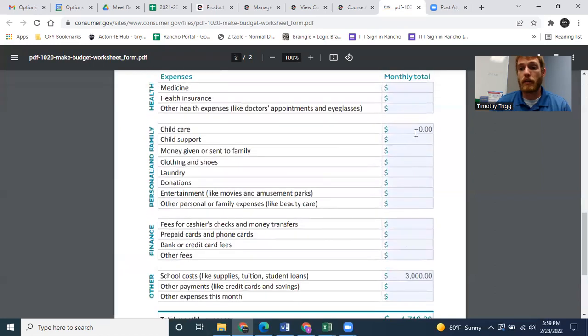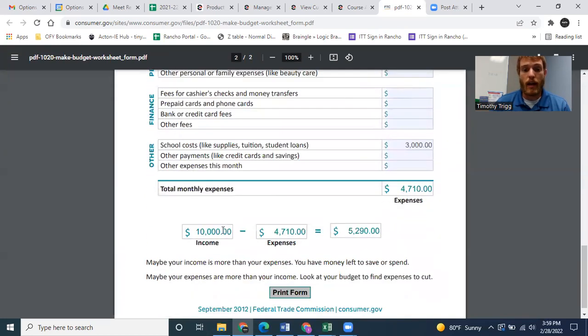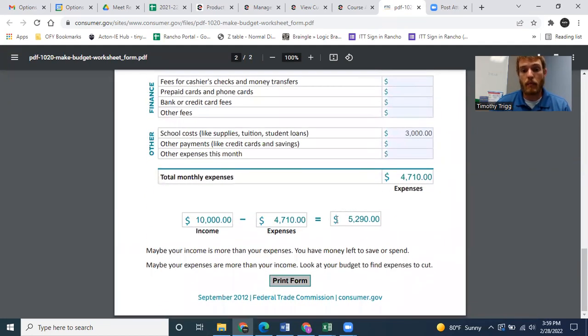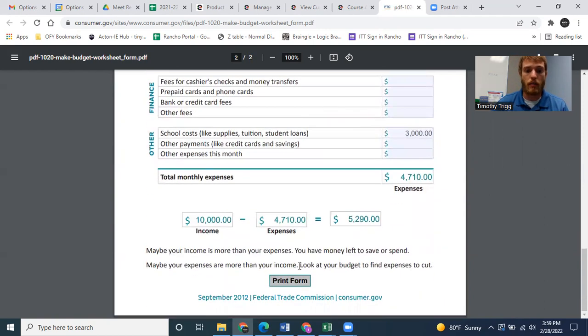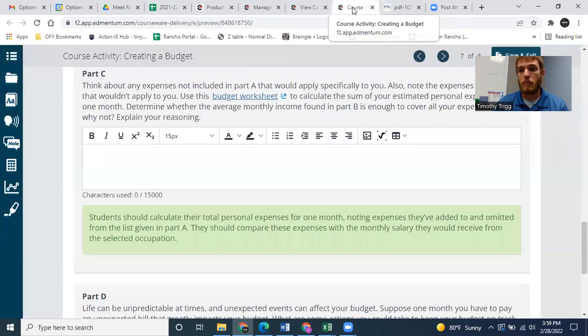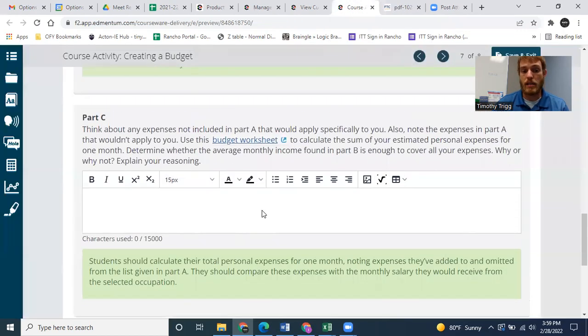Okay, but anyway, fill out the numbers with what you see here, and it'll automatically give you a budget. So it'll have your income, your total expenses, and then how much money you have left over. I didn't fill out this whole chart, but I expect you to fill out this whole chart, and you can print this form. You could download it as a PDF and add it here.